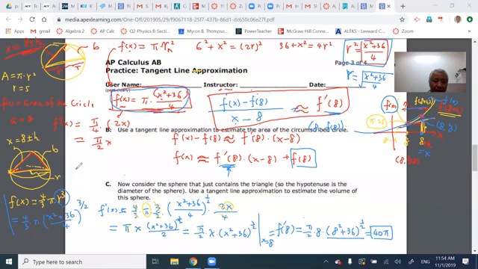So we find this one from here. We find f of 8, okay? F of 8, we have 4/3 pi, and then this is 8 squared plus 36 divided by 4, right?